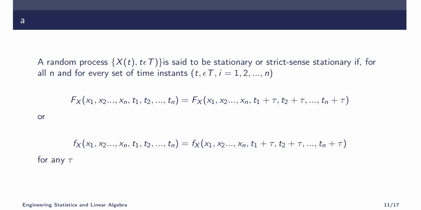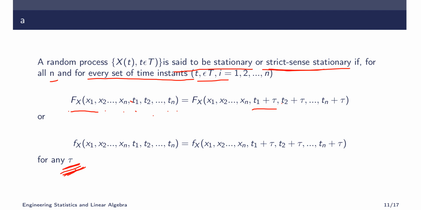Now, understanding this concept, we can define a random process as said to be stationary, or it is called strict sense stationary, an SSS process, if for all n and for every set of time instances t1, t2, ..., tn, the distribution of x1, x2, ..., xn is the same as that after a particular interval of tau. It should repeat the same. Now what is the value of tau? Tau is not a constant, it should hold for any tau.